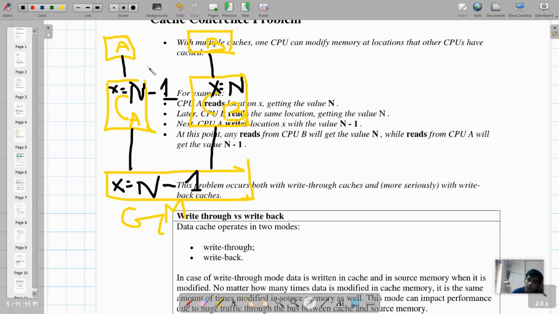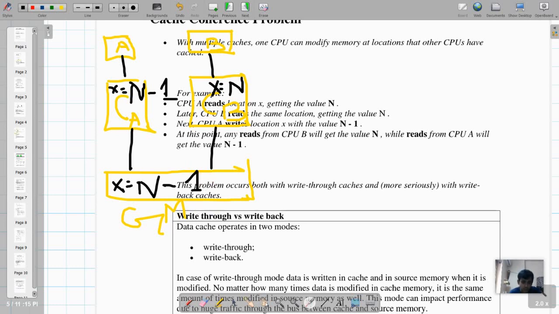So whenever a processor updates or writes to some data, it is first updated into the cache. After some time, at some point, you need to update the same piece of information into the main memory so that all the processors get the updated information from the general purpose main memory.